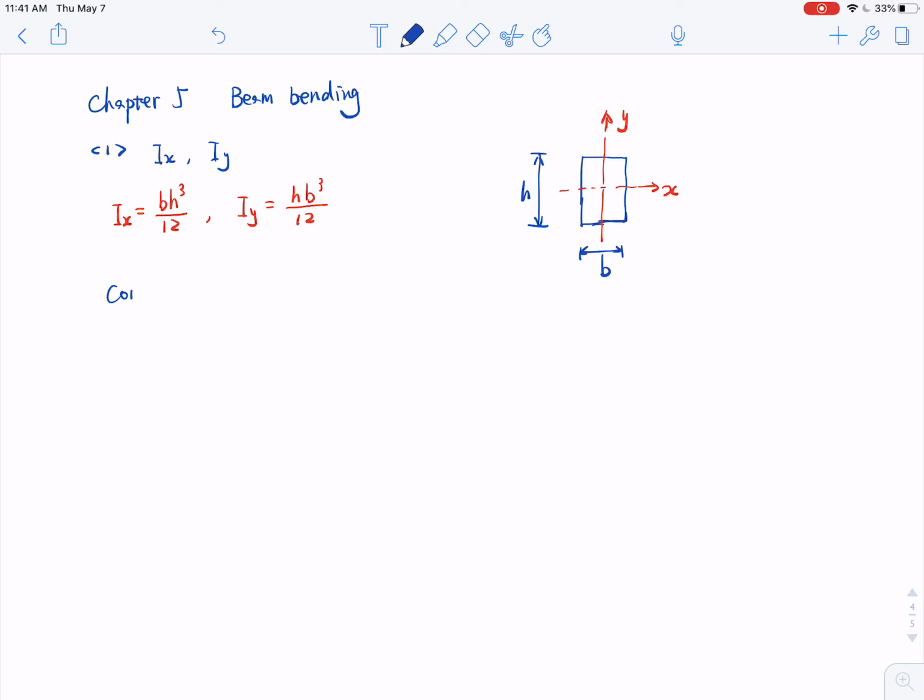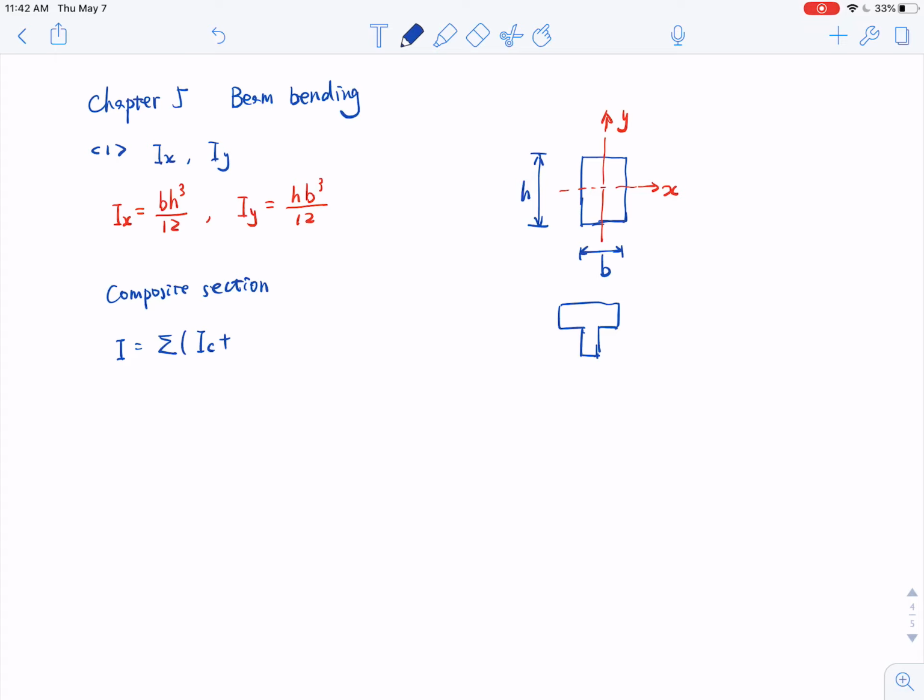If you have a composite section like this, right? This is a composite section, T-shaped or I-shaped beam, right? So if you have this cross section, then the I will be calculated as this equation, okay?